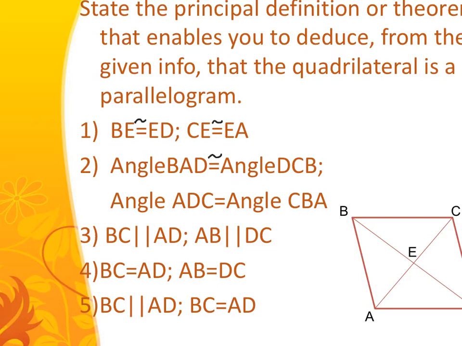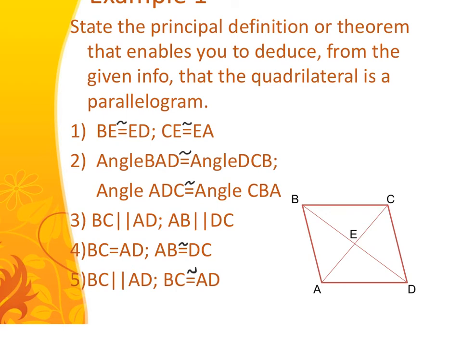So let me add in the little wave on top. So for number one, notice it's BE congruent to ED and CE congruent to EA. Notice I've just labeled my diagonals as being congruent. They were bisected. So that's what I'm going to state as my reason.